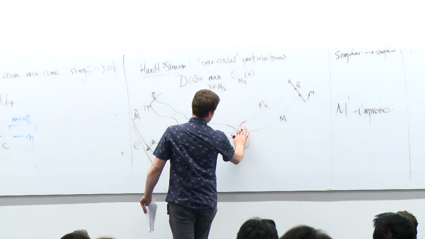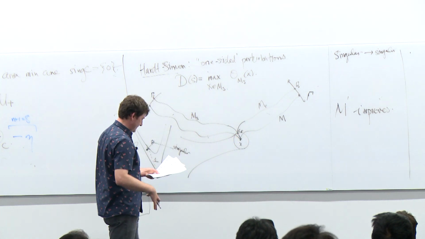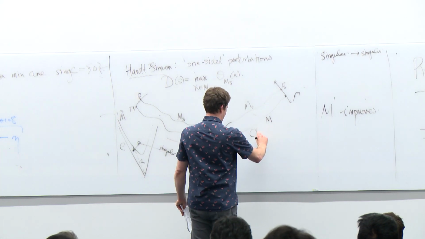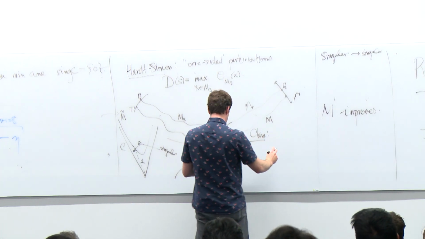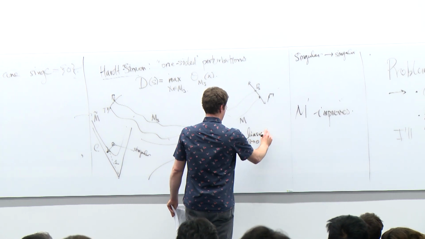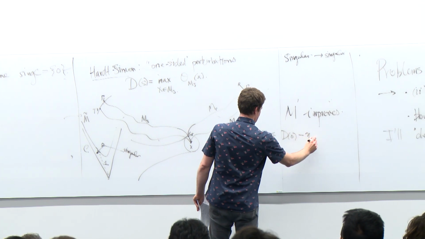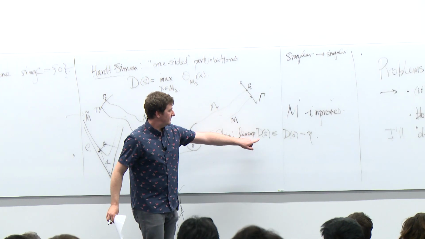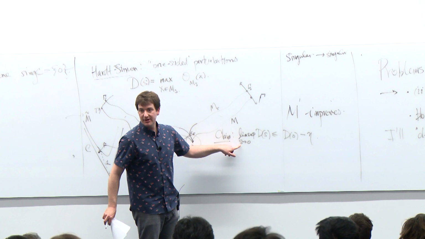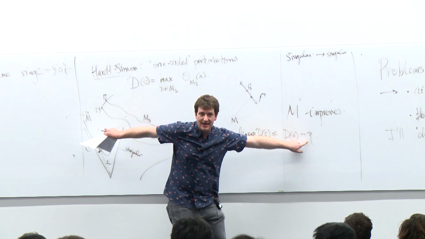So what I should do here is I claim that the lim sup of d_s as s goes to 0 versus d of 0 actually drops by eta, where that's that eta, okay?